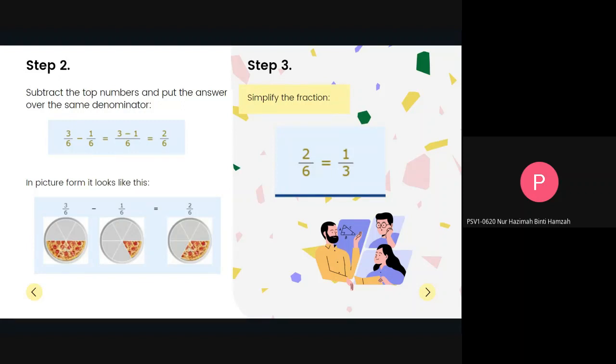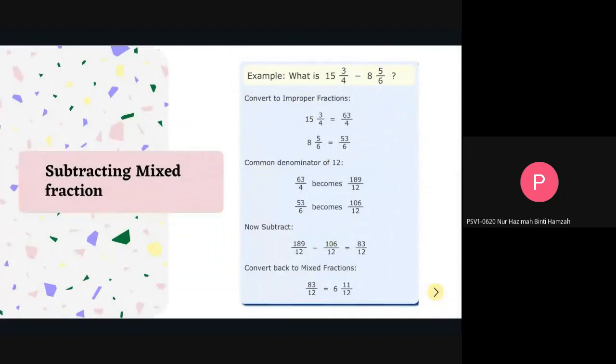Okay. Next slide. So this is for subtracting mixed fractions. For the example, what is 50 3 over 4 minus 8 5 over 6? So as we can see, there are mixed fractions.